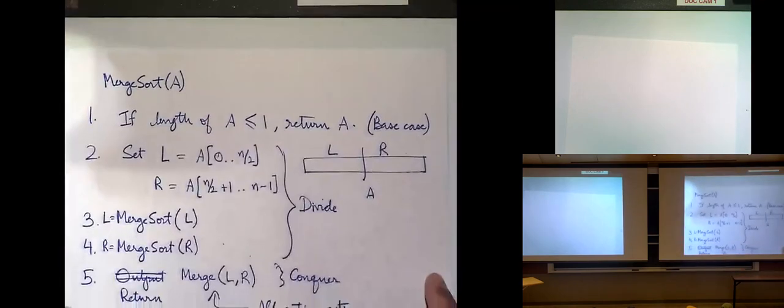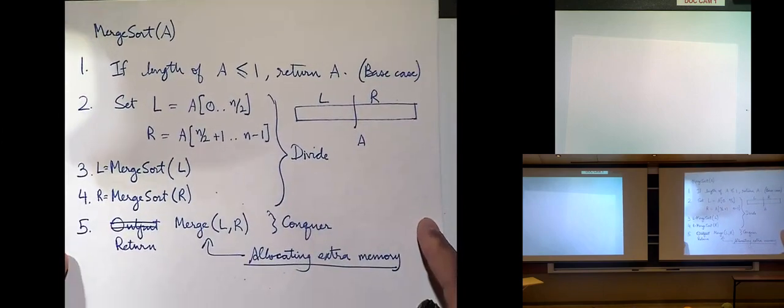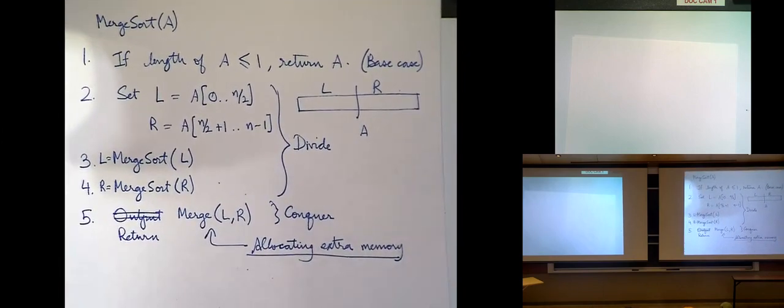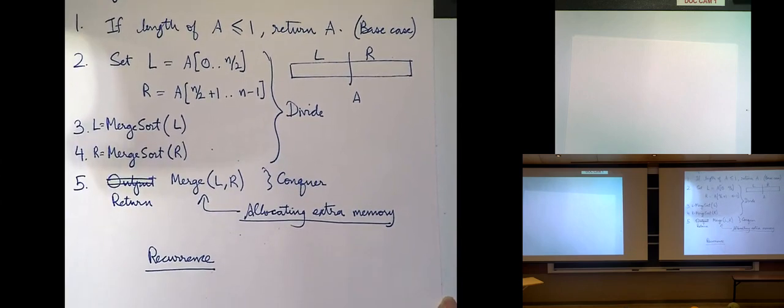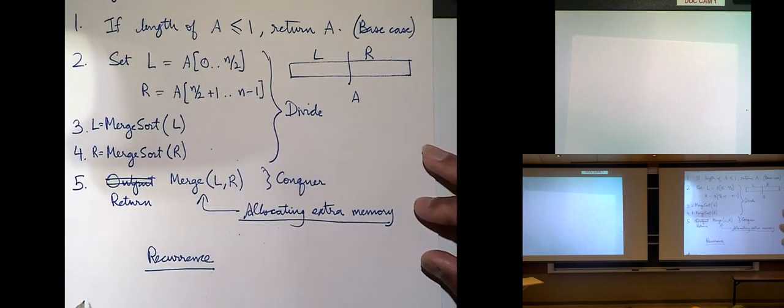To analyze the running time of mergesort, you need a mathematical technique called a recurrence. It's a bit complicated in the sense that there's a new mathematical method that you need. Let me first write something down.